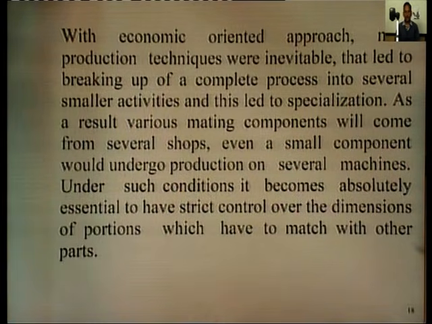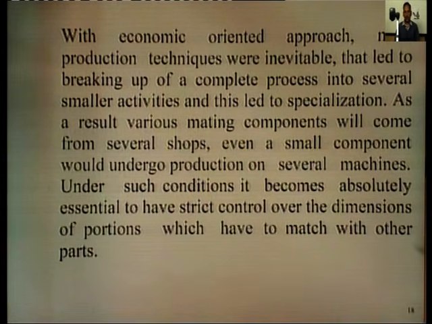So, with an economic oriented approach, mass production techniques were inevitable, which led to the breaking up of a complete process into several smaller activities, and this led to specializations. As a result, various matching components will come from several shops.